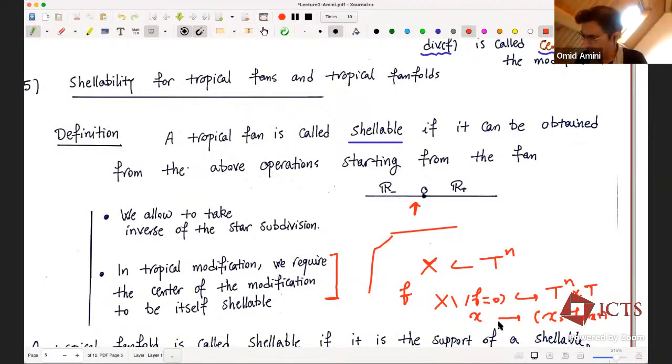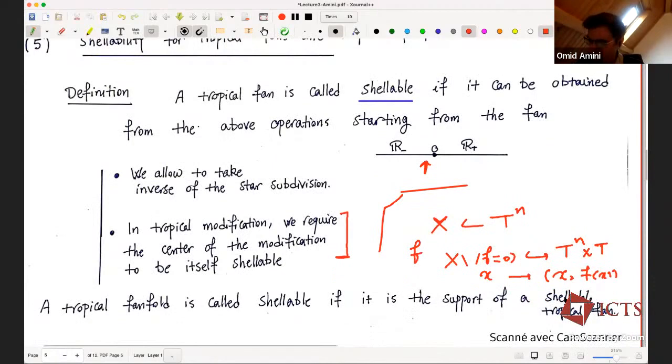So if you take the tropicalization of this embedding of X minus f equal to 0 inside this torus, you see that it exactly gives you one of the tropical modifications I introduced. So it's very close to this blow-up construction, right? Exactly. It's a blow-up in tropical geometry, which allows you to change the support.